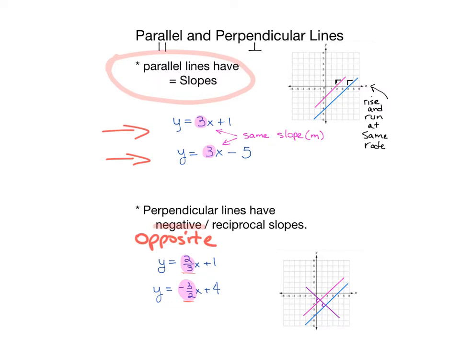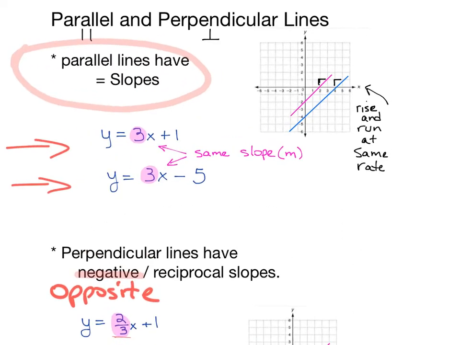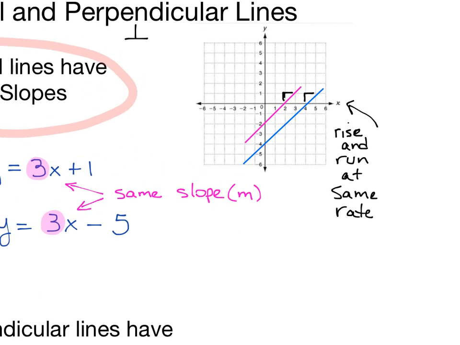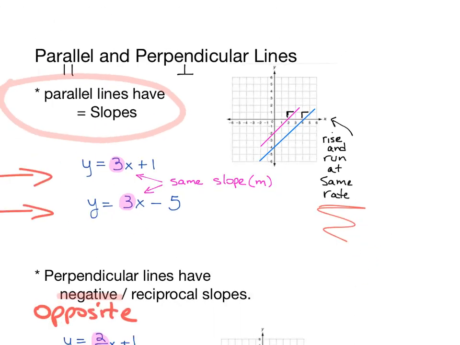So whenever they're asking you what would produce a no solution situation, what's the constant, you need to make sure that the numbers in front of x are the same number. So here we could count the rise and the run. Notice my pink line rises 1, runs 1, same for the blue. So they would be parallel because they're rising and running at the same rate.